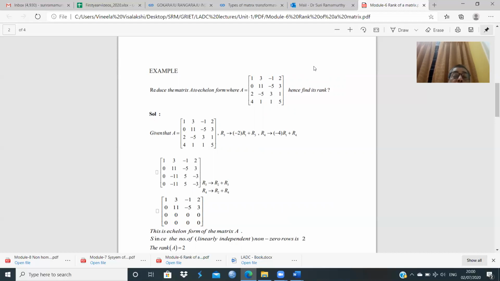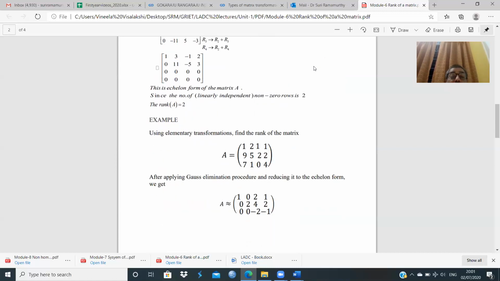So when we row reduce this to the echelon form, we find that the matrix has now only 2 linearly independent rows. So that makes the rank of this matrix equal to 2. This is an example where the matrix is rank deficient. That means out of the 4 rows, we have 2 rows which are redundant. These 2 rows, in this case R3 and R4, can be found to be depending on row 1 and row 2 as linear combinations.